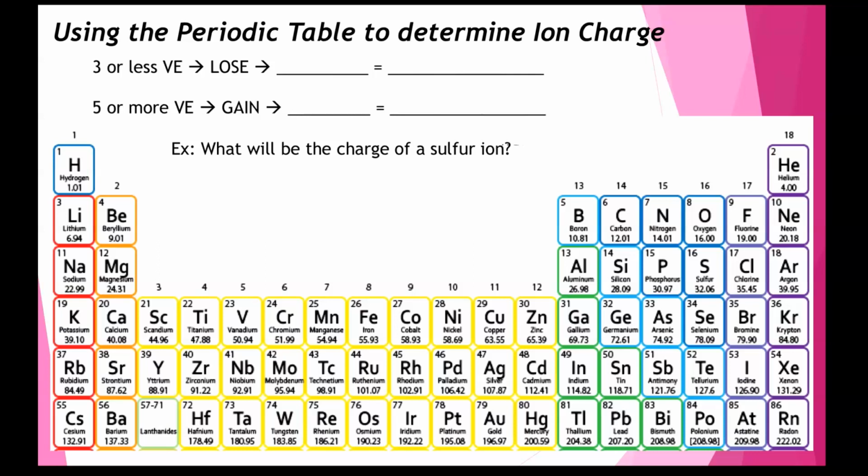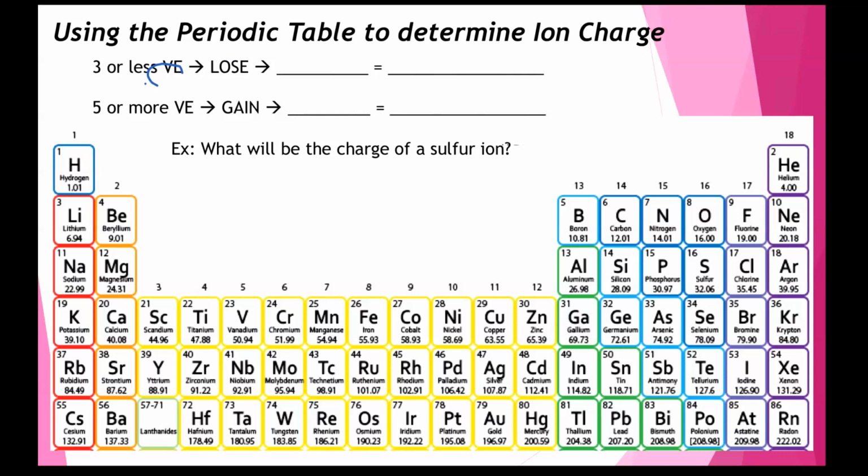Well, the charge that an atom's ion has is directly related to the number of valence electrons that they start with. So atoms that have 3 or less valence electrons are going to tend to lose their valence electrons to get to a full octet.